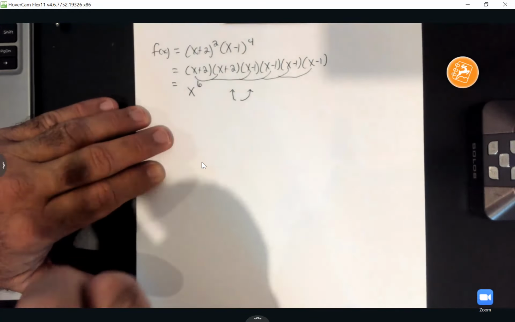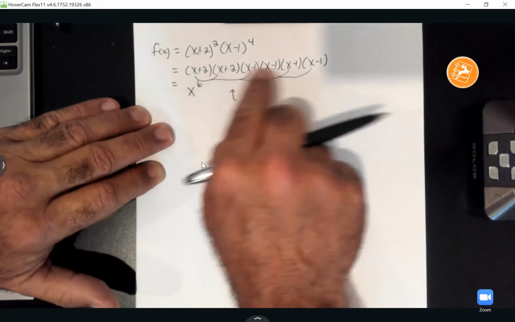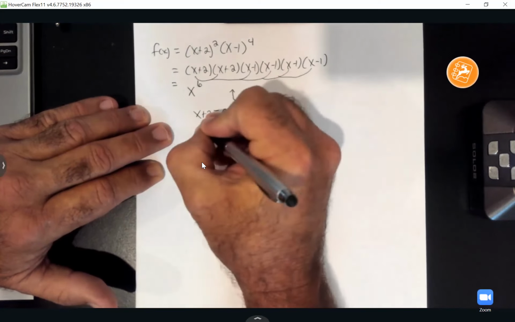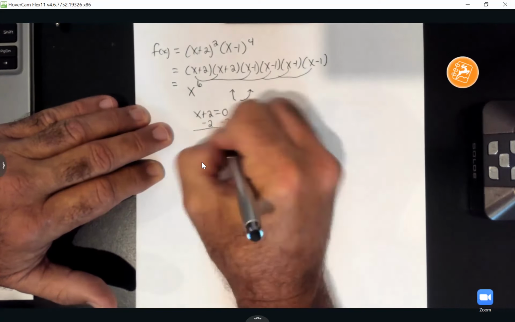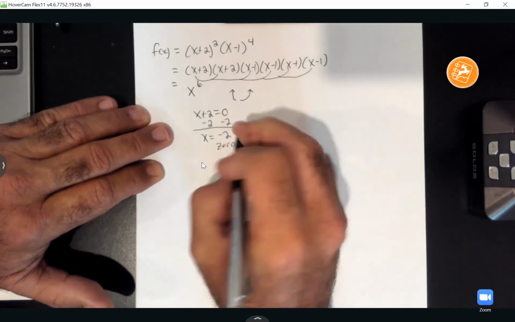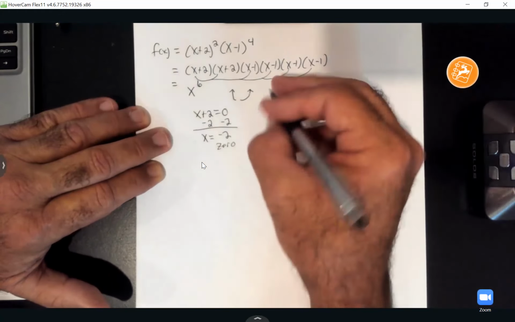So what I need to do, because I know 2 of these graphs were really close, I need to figure out where the zeros are. So for the x plus 2, we would subtract 2, and it's telling me that I got a 0 at negative 2. So it's got to touch that x-axis at negative 2.